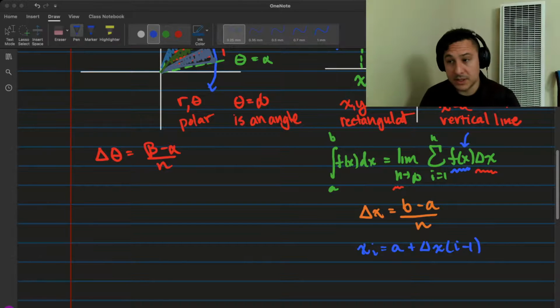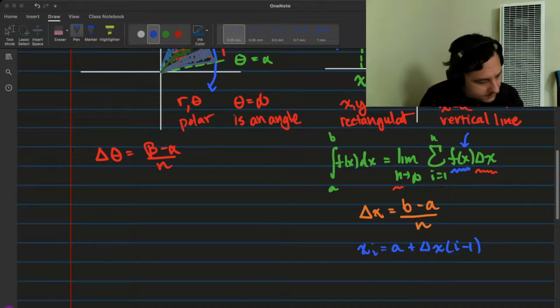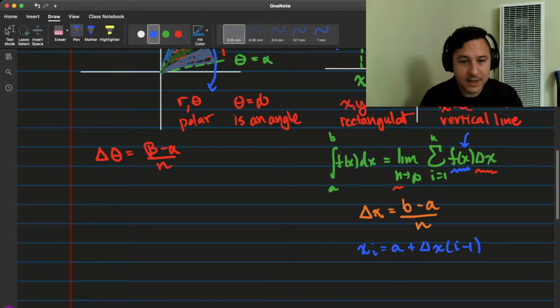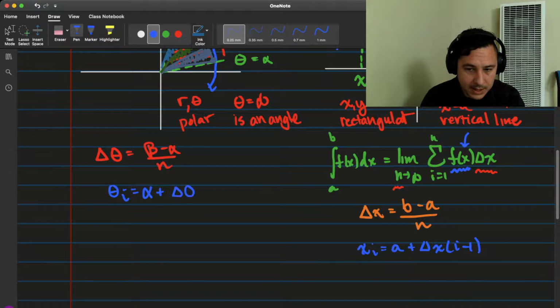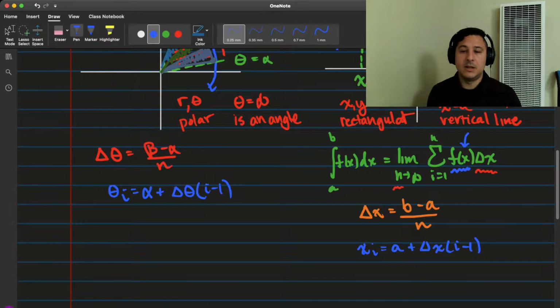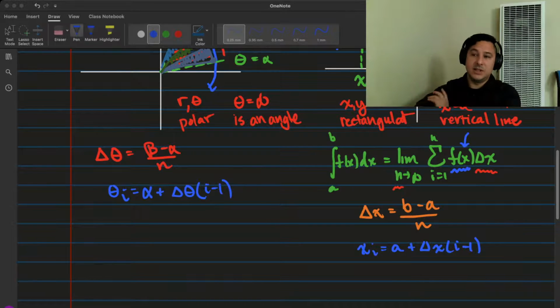There's a super similar thing for polar coordinates. Your formula quite simply is theta_i equals alpha plus delta theta times i minus 1, just like this one over here. But instead of using x values, you're using theta values.